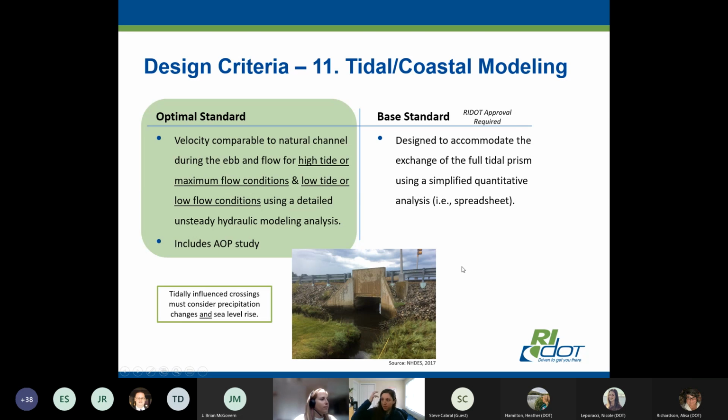I do want to note for this criteria, and it is further detailed in the manual as well, there's lots of different considerations when you are changing the size of a tidal culvert.